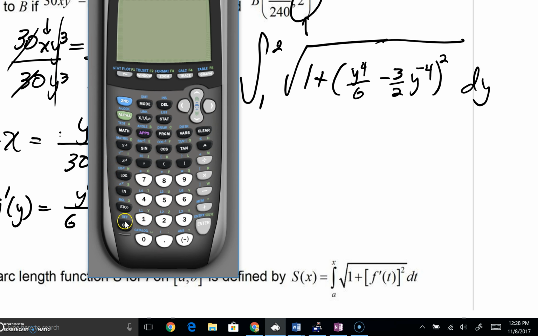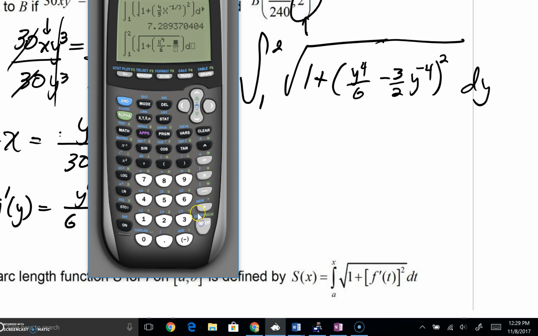Now, again, all you've got to do is hit math, get that integral back up, and kids will ask sometimes, should I be typing in y's instead of x's? You certainly may. You're always welcome to do that, but even though you know that you're integrating with respect to y, it's probably just as easy to momentarily say, look, x is so much easier to get this out.